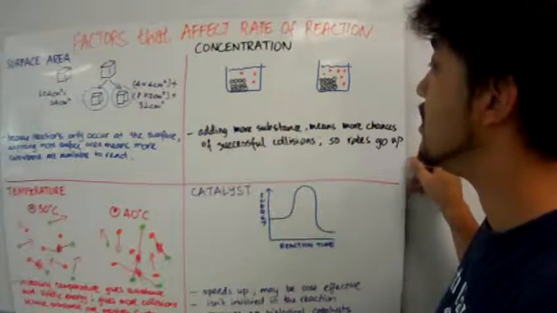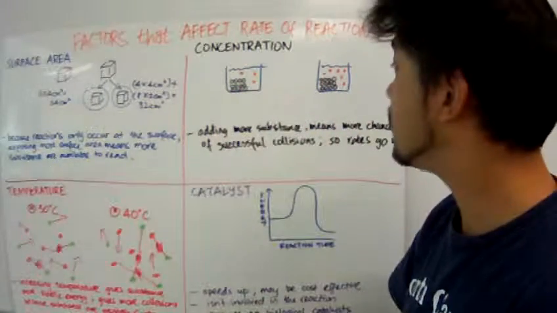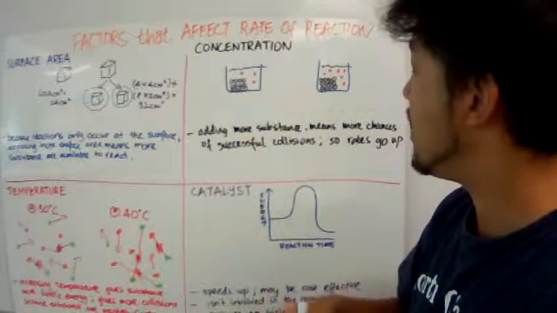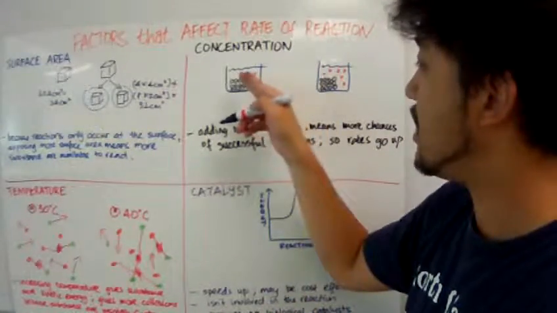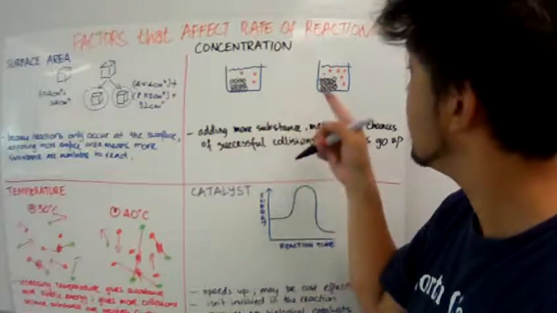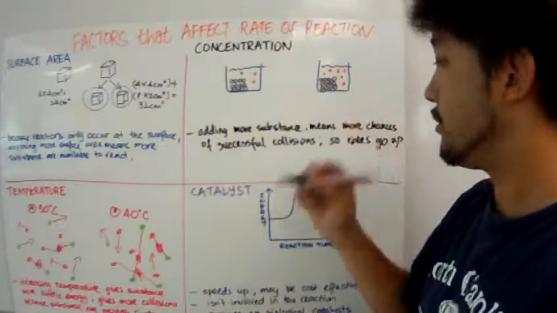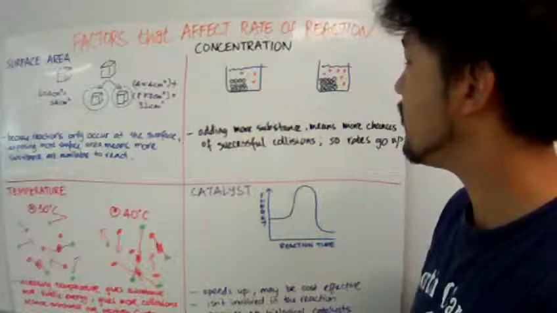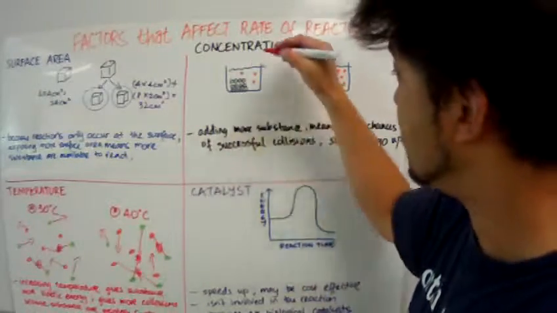The third one is concentration. Now here we have two substances in a beaker, right? In the left beaker, you see a concentration of 3 particles, and on the right beaker, it's double that amount. When you have just 3 substances, they're going to move in random order, okay?